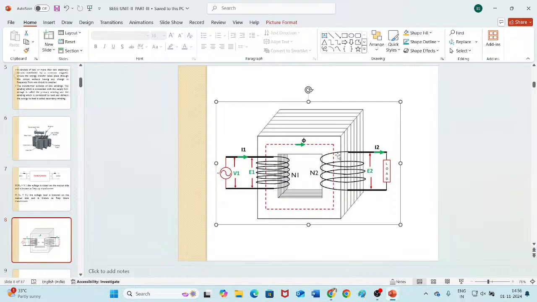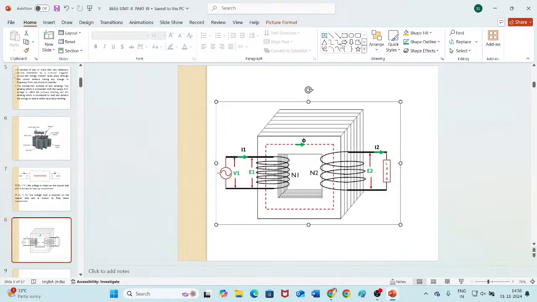The number of turns on the other limb are N2. The number of turns on the first limb were N1. Let us assume the number of turns in the primary winding is N1 and the number of turns in the secondary winding is N2.